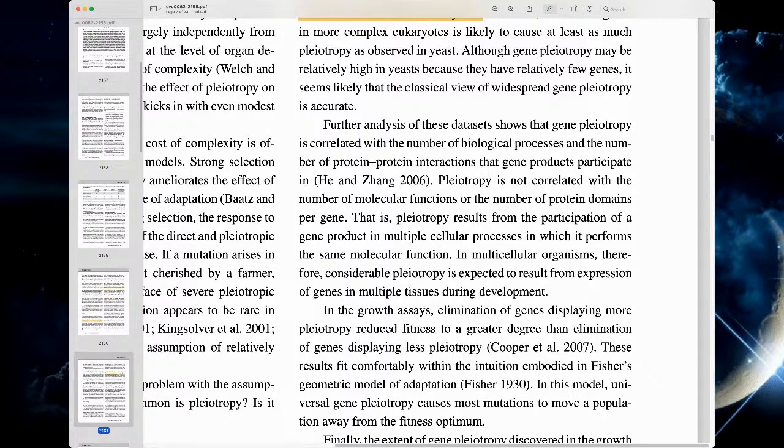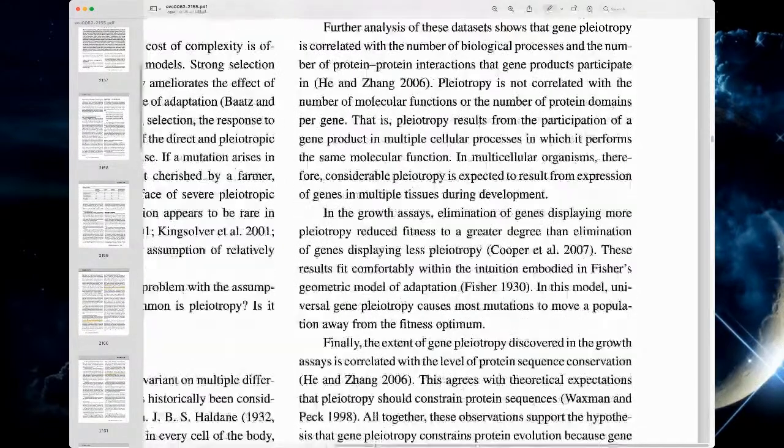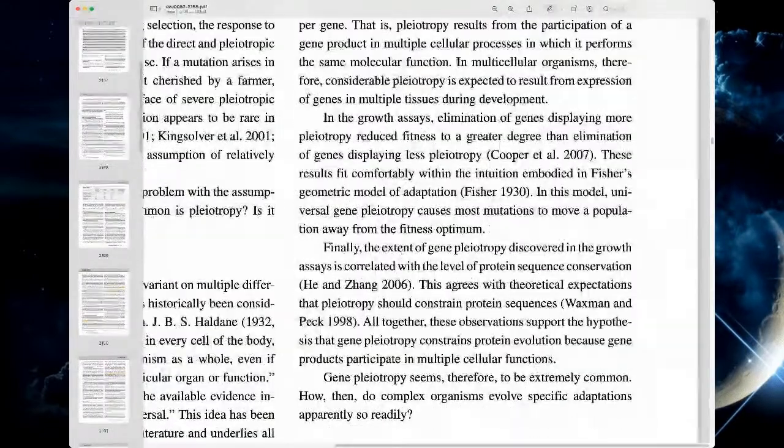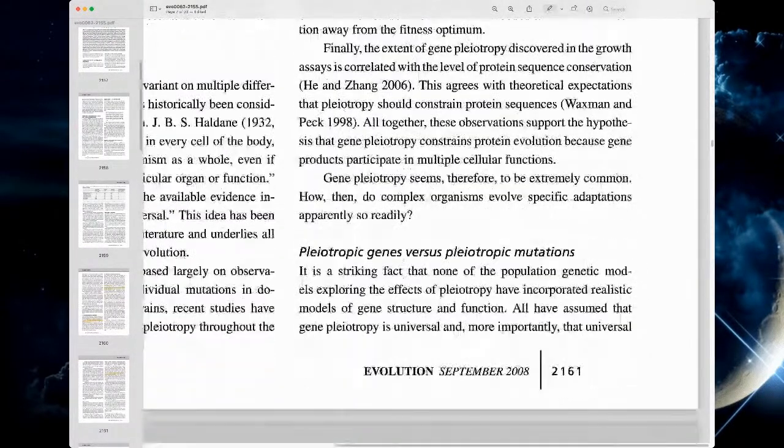Further analysis of these data sets... Pleiotropy not correlate. So they're going through a bunch of evidence for the idea. It seems like pleiotropy is pretty common. Yep, they even say it.